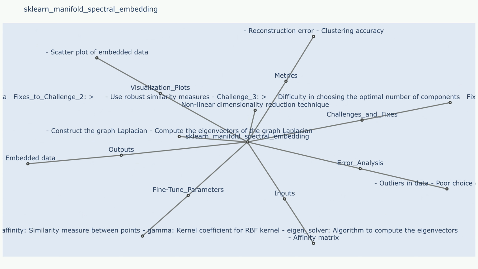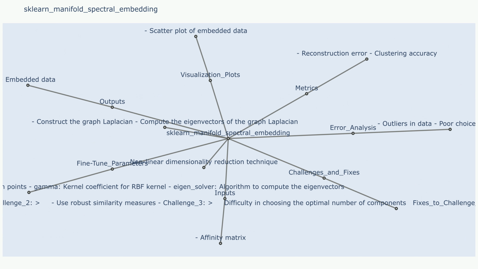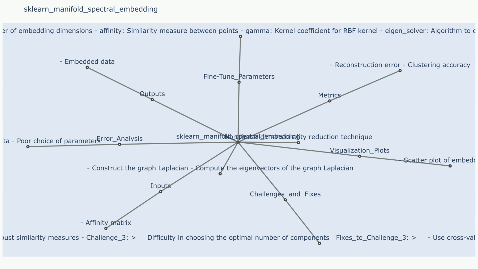Eigenvalue decomposition. The graph Laplacian is decomposed into eigenvectors and eigenvalues. Embedding. The eigenvectors corresponding to the largest eigenvalues are used to embed the data points in a lower dimensional space. These eigenvectors represent the principal components of the data's spectral representation.